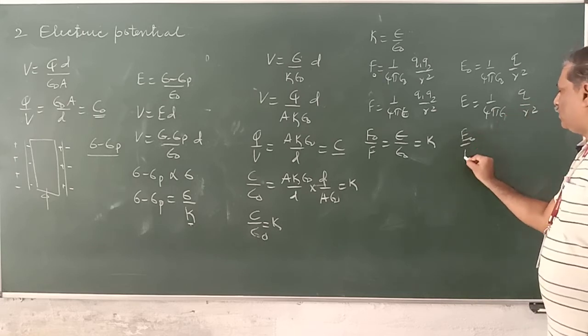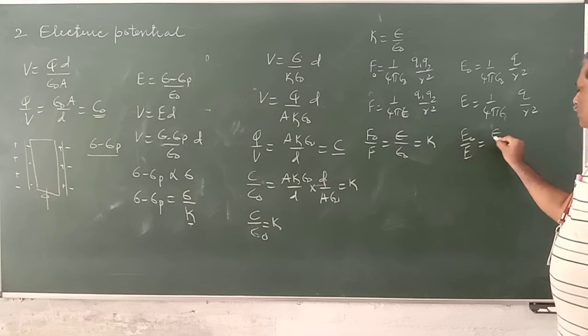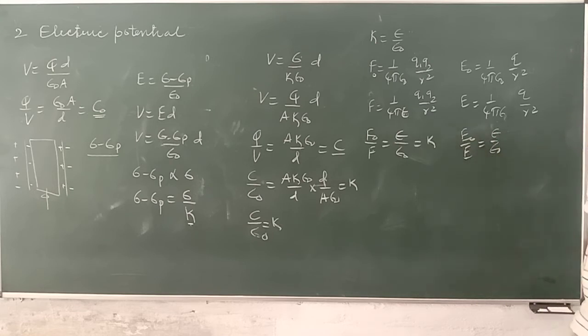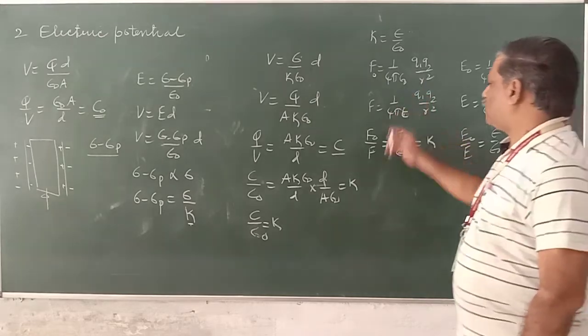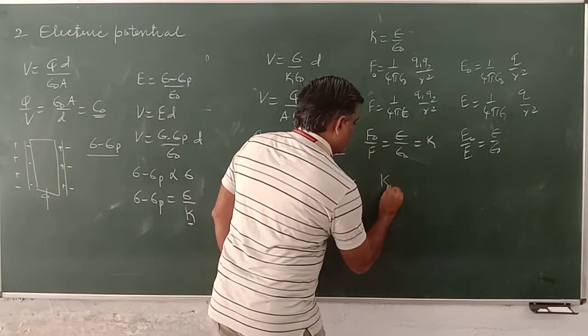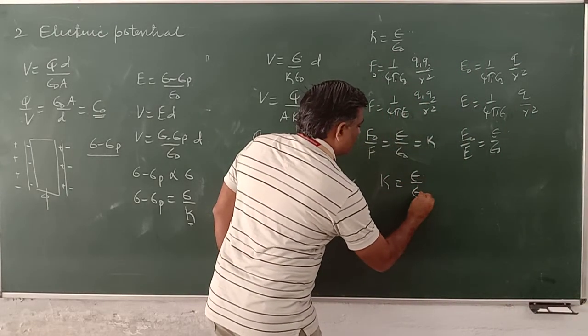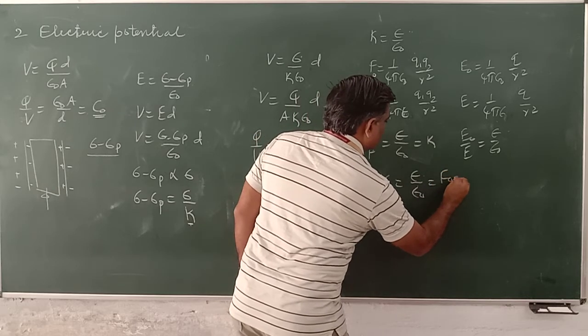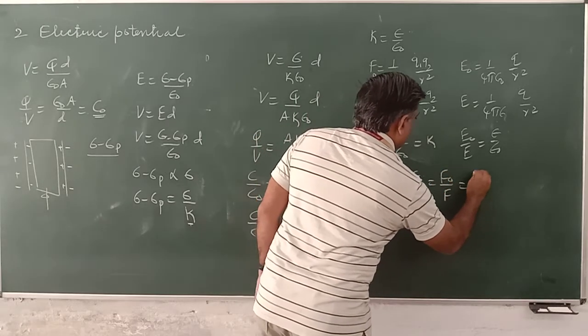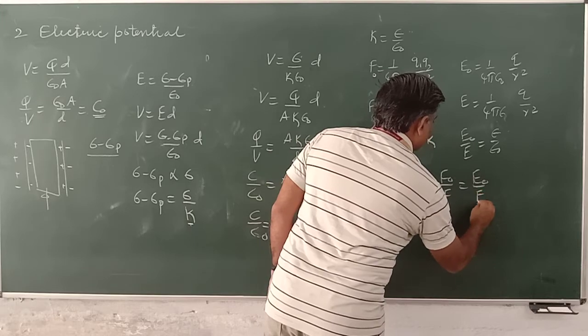So E0 by E is equal to the same ratio. There are three ways to define this K: K is equal to epsilon divided by epsilon 0, or F0 by F, or E0 by E.